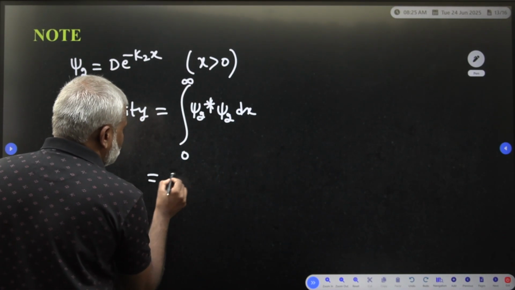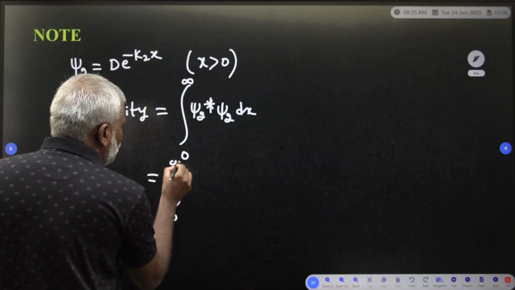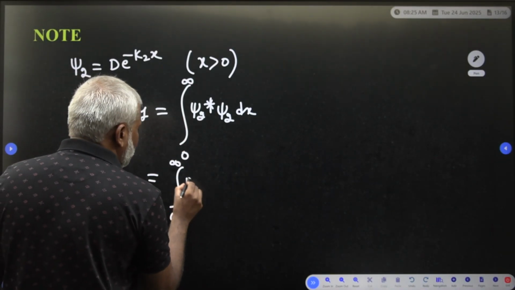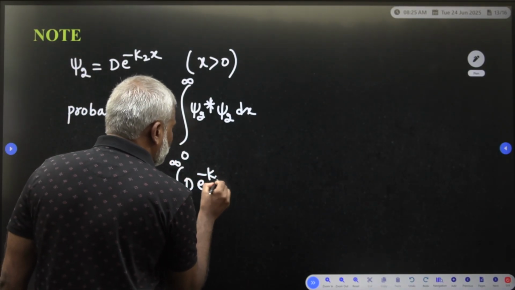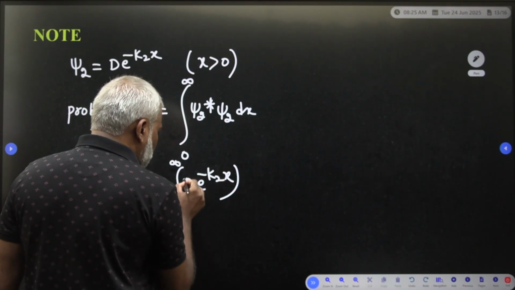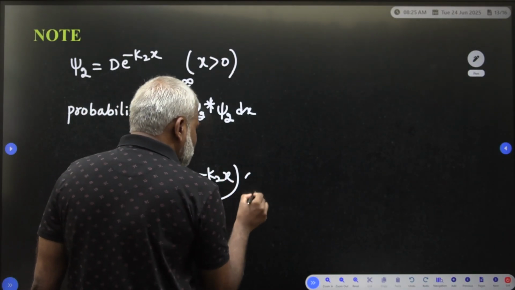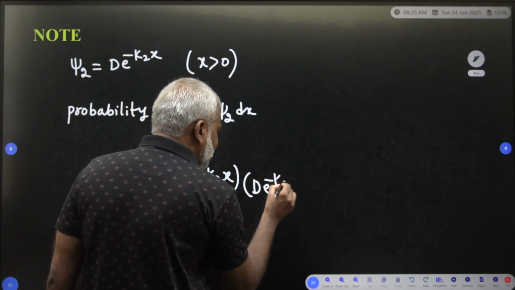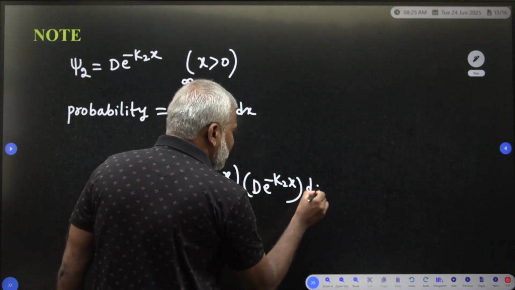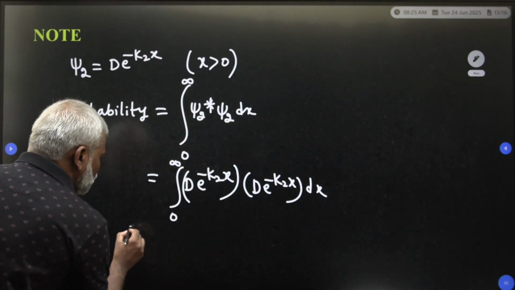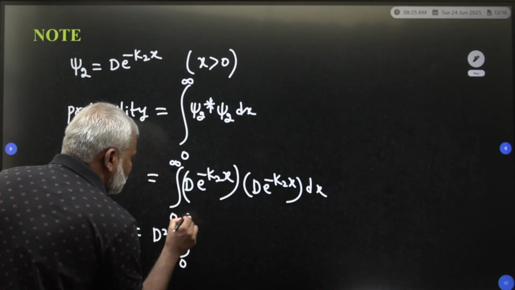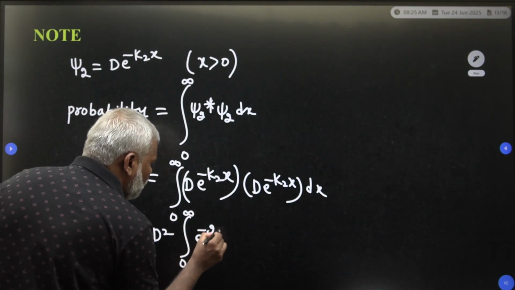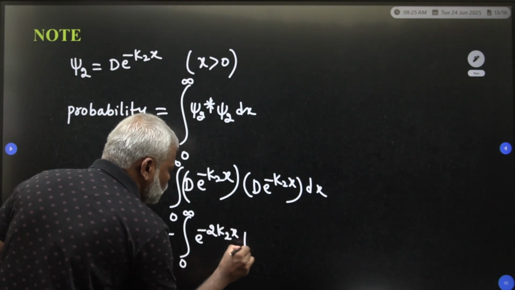Now substitute: ψ2 is a real function, so ψ2 conjugate is also D e^(-k2 x), and ψ2 is D e^(-k2 x), times dx. Therefore, it is D squared times the integral from 0 to infinity of e^(-2 k2 x) dx.